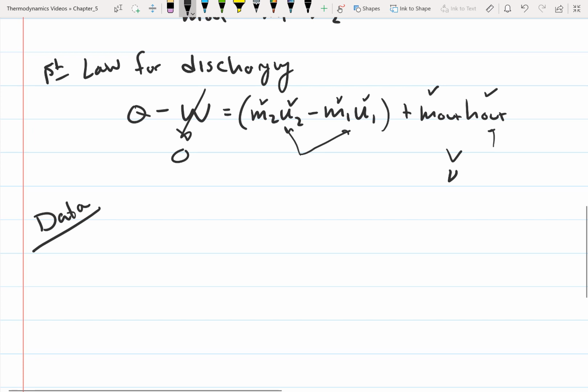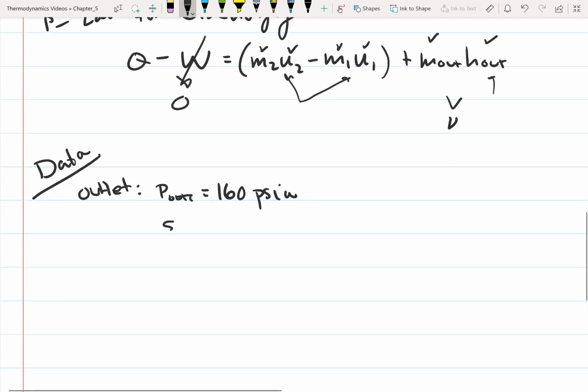So let's start with the outlet, and then I'm going to do state 1 and state 2. First of all, we know that P out is equal to 160 psi absolute, and we have vapor escaping, so we're just going to say it's a saturated vapor. Then we can go to the table and look up the outlet properties.